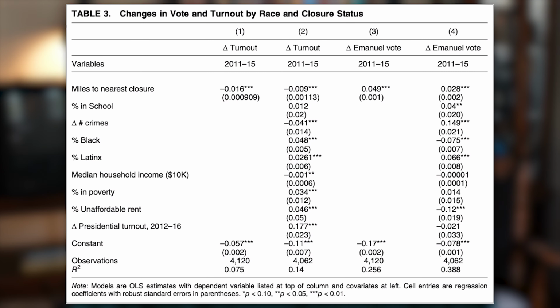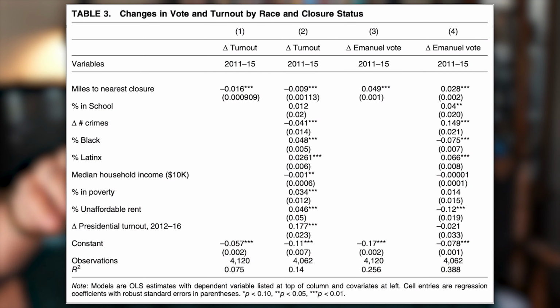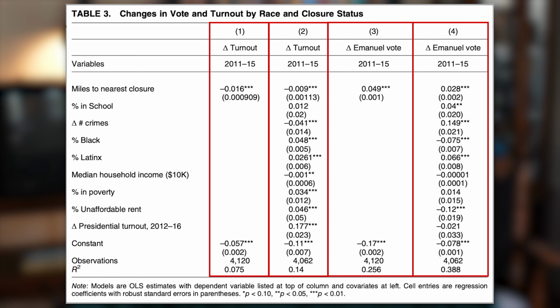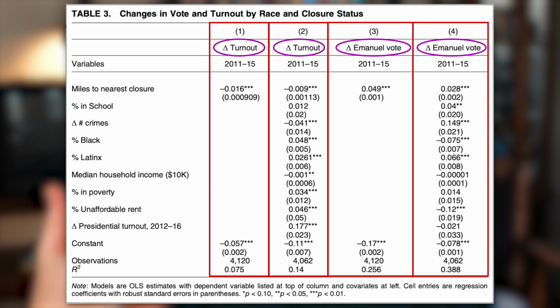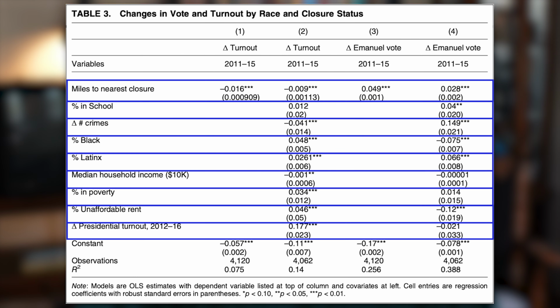Table 3 shows ordinary least squares, or OLS, regressions of voter turnout and mayoral vote share. Think of each column as a different outcome we care about. For example, change in turnout, change in vote for a candidate; the little triangle symbol is delta, which means change. And then think of each row as a possible explanation.